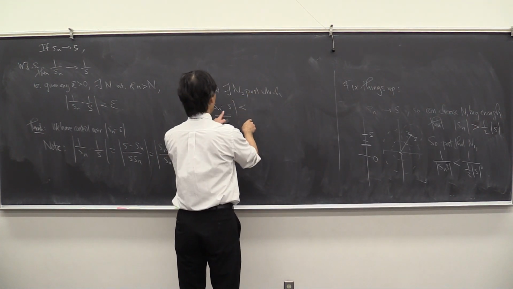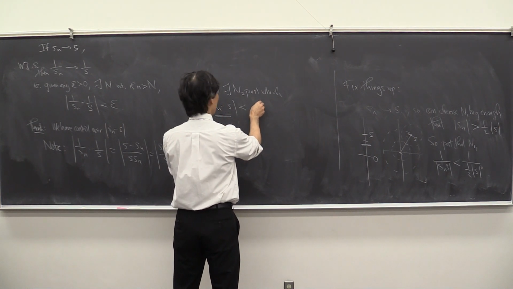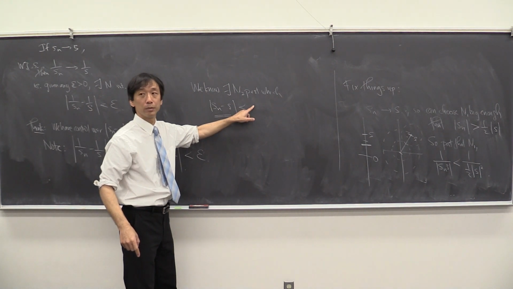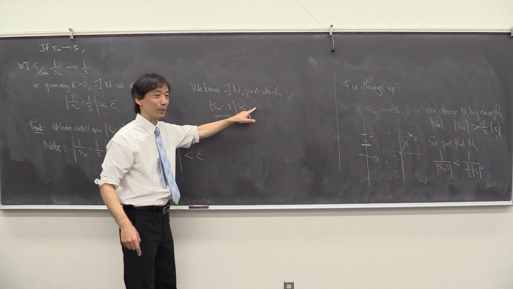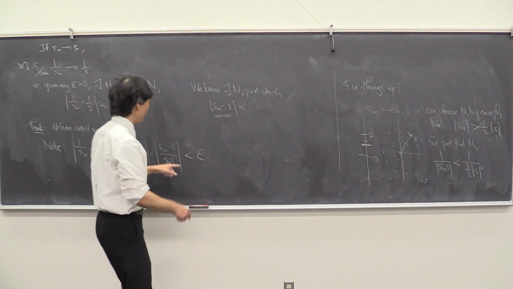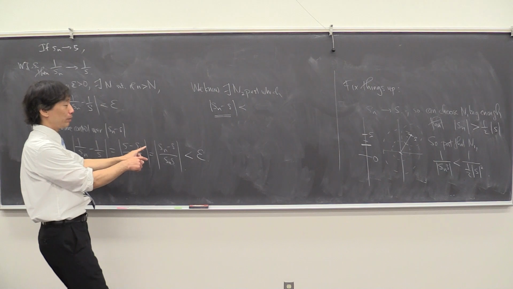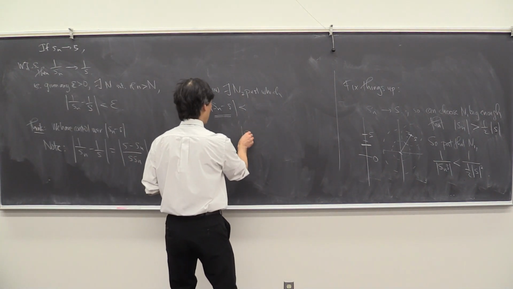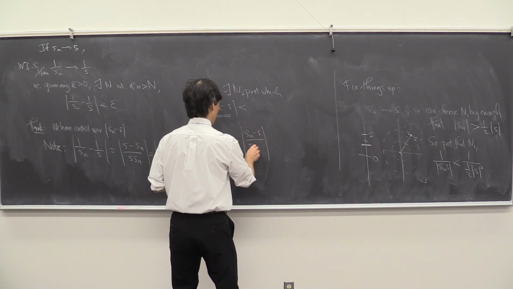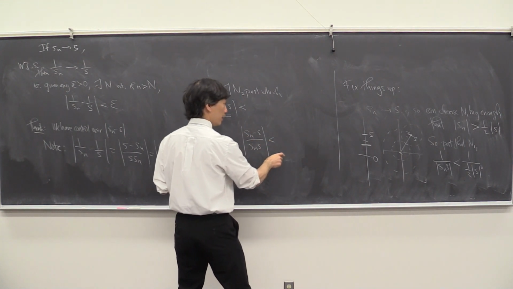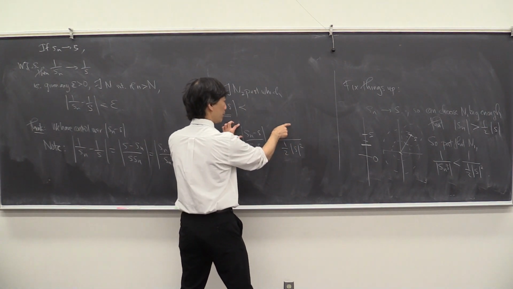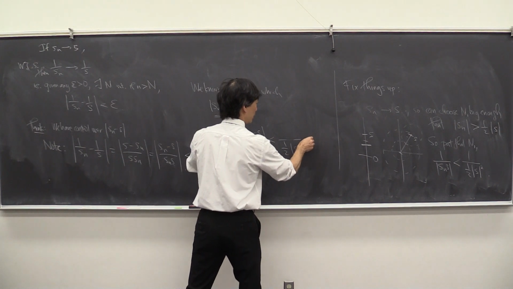There's an n2 past which this guy is smaller than, what should I choose here? You want to try, Charlotte? You look like you're thinking about it. This thing is going to be smaller than this thing, and then we need something on the top here that will give us epsilon.